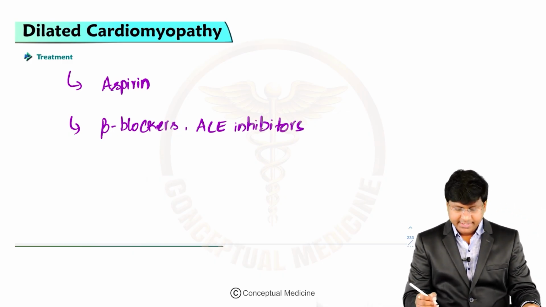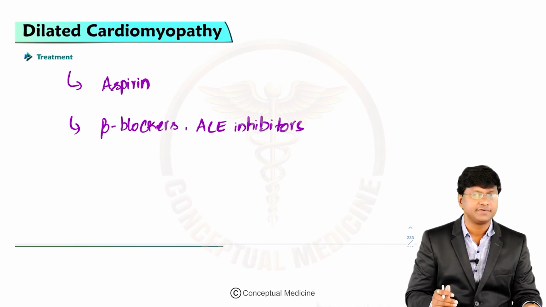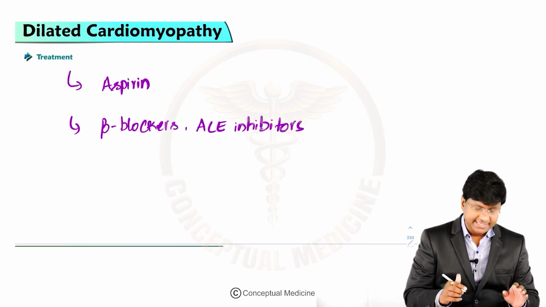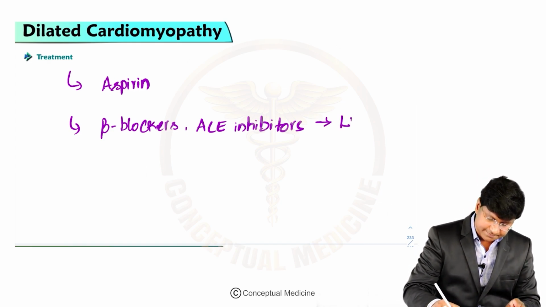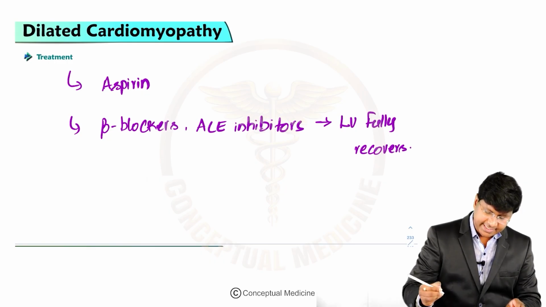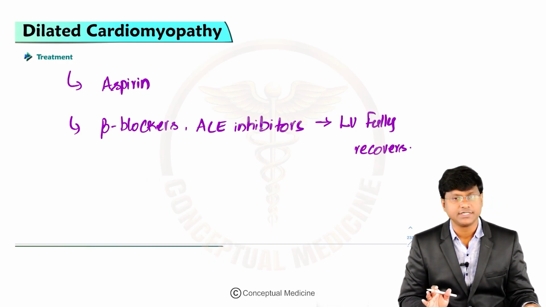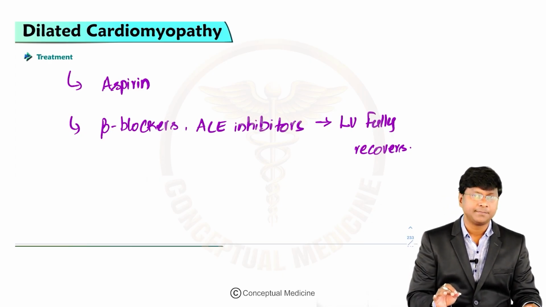They will reduce the cardiac workload: ACE inhibitors reduce the afterload on the heart, and beta blockers reduce the heart rate, thereby reducing the cardiac workload. These drugs have to be given until the left ventricle fully recovers, along with aspirin.